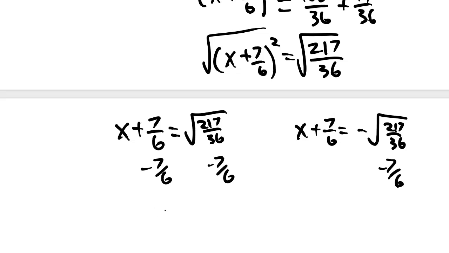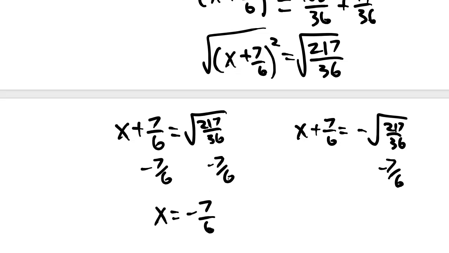Now at this point, if your final answer permits you to plug things into the calculator, you could type in the square root of 217 over 36. Some calculators might need you to close a parenthesis there, then subtract 7 over 6. Again, I'm just going to switch it around because it bothers me. I don't know why, I'm too much of a math nerd.